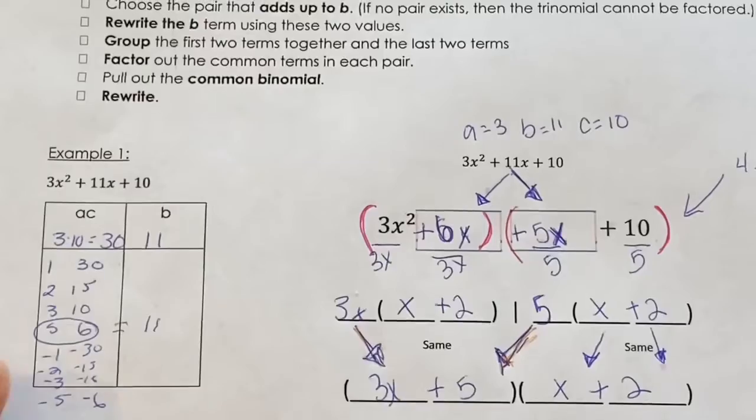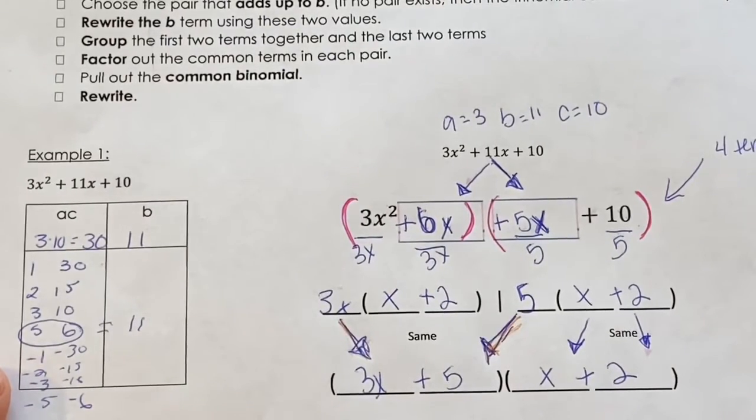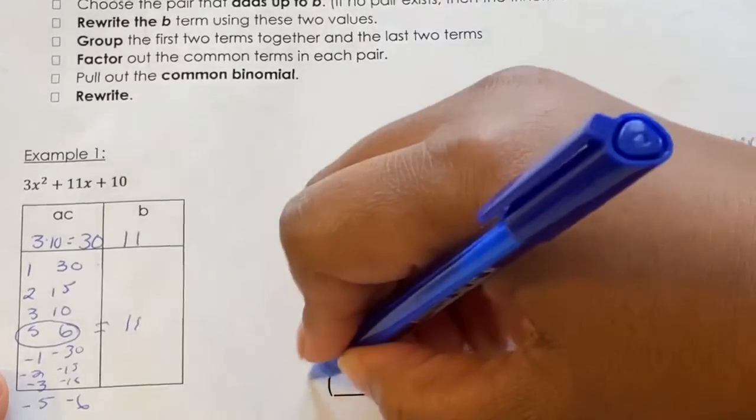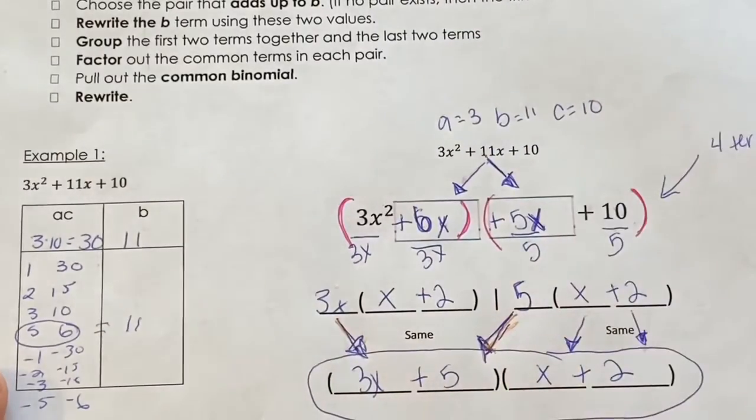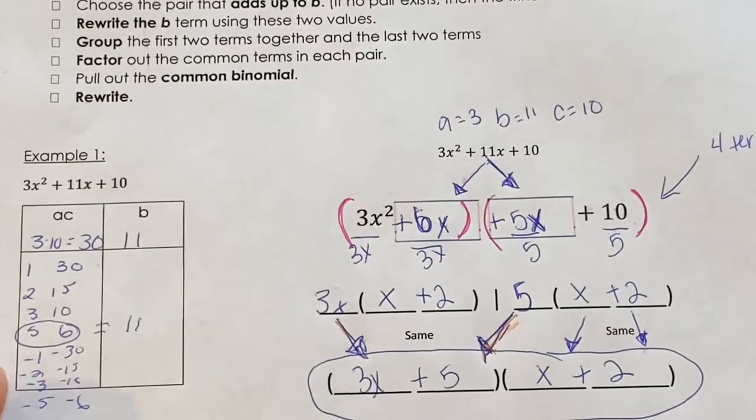Okay. And that will be our answer. This is our answer right here. The factors of 3x squared plus 11x plus 10 are 3x plus 5 and x plus 2. Let's do this again.